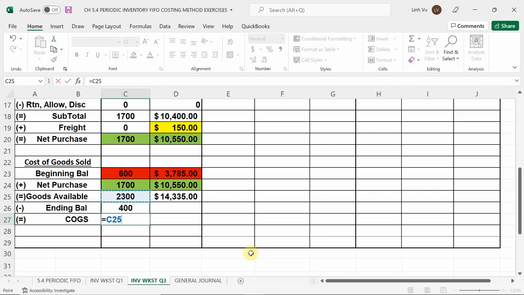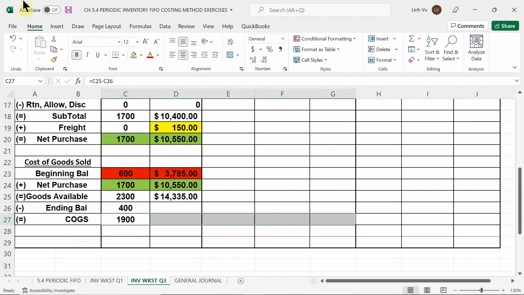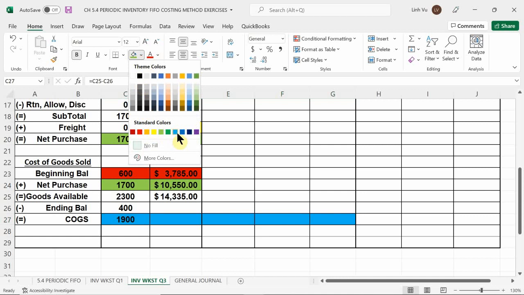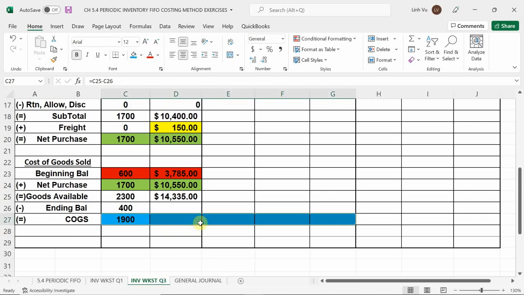So in this case, what's my cost of goods sold? If I assume that I had 2,300 units available and I still have 400 left, you must have sold a total of 1,900 units. Okay? And I'm going to highlight this column because this is going to be my cost of goods sold column.